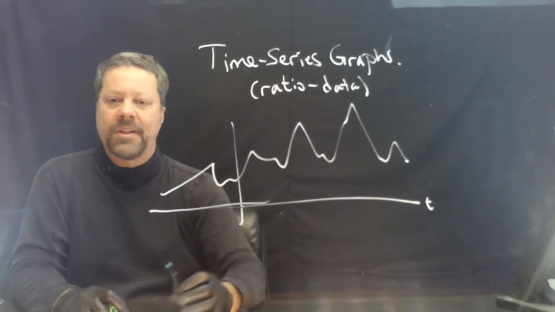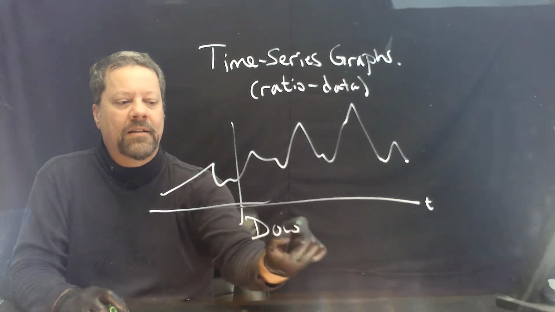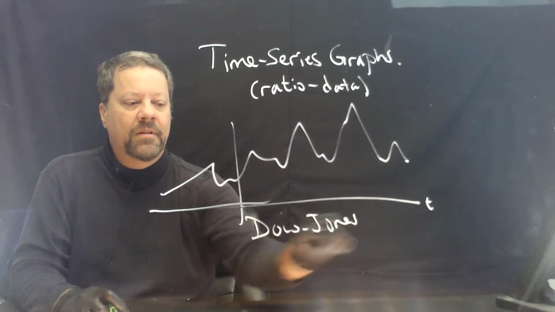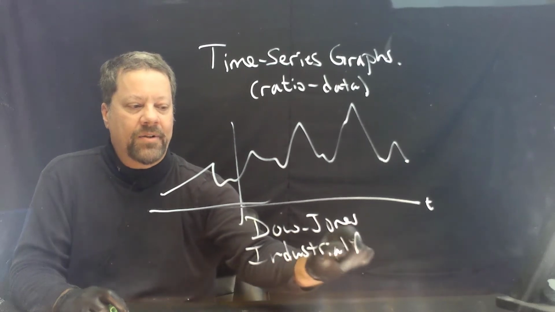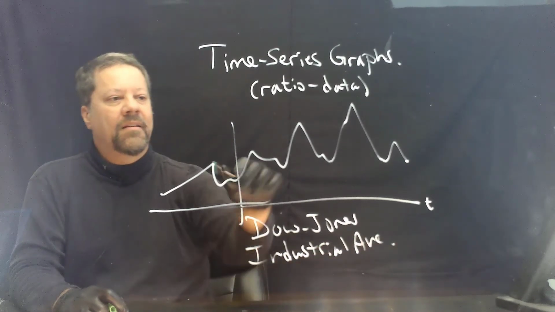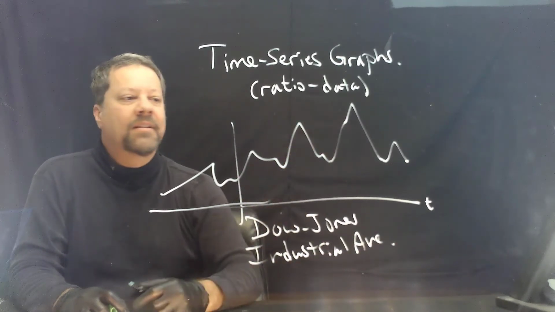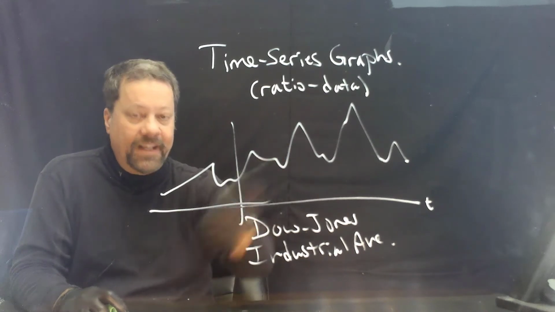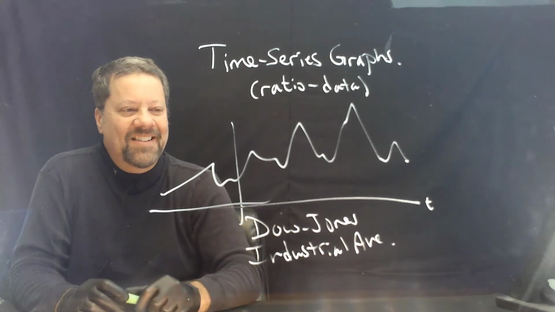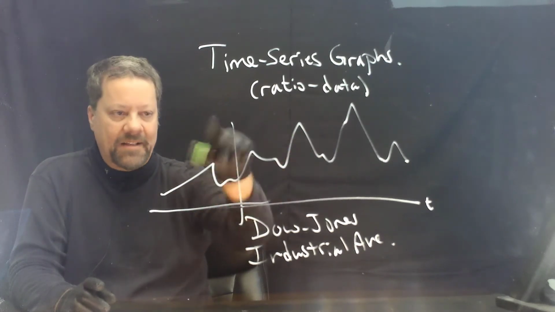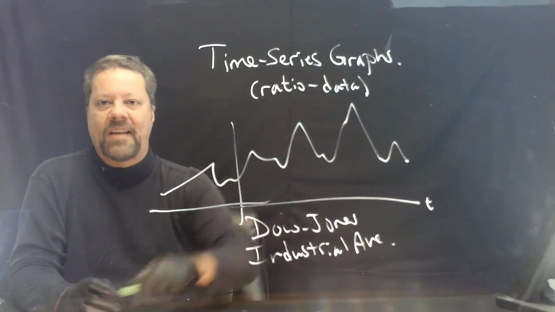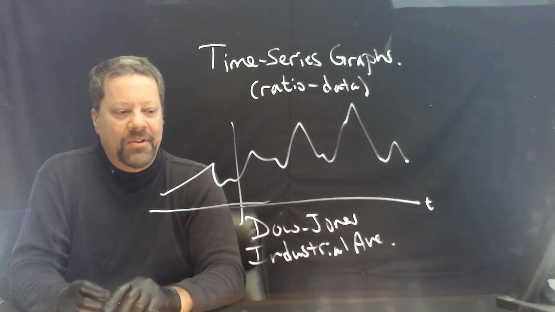This might be a representation for the Dow Jones Industrial Average. You might have the ups and downs, hopefully generally trending up, but you never know. And so it definitely doesn't just go in a straight path. It has ups and downs as people buy and sell the stocks on the Dow Jones Industrial Average.